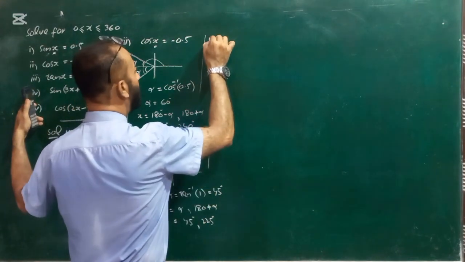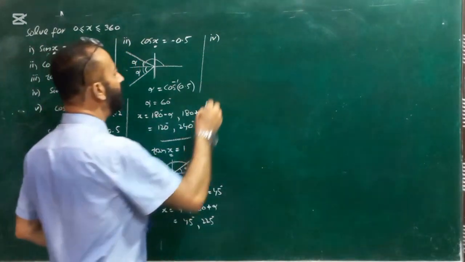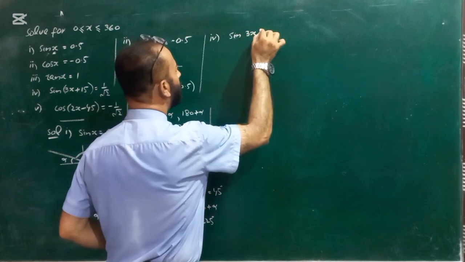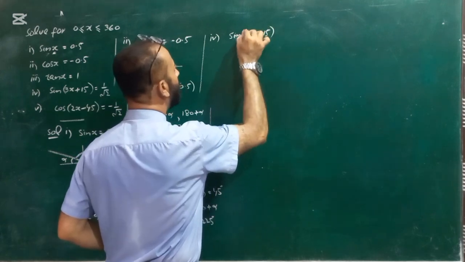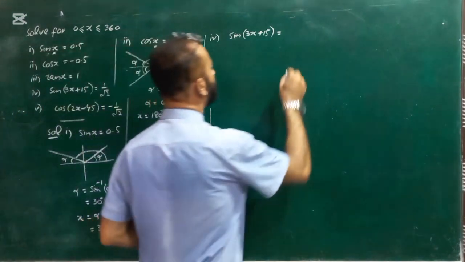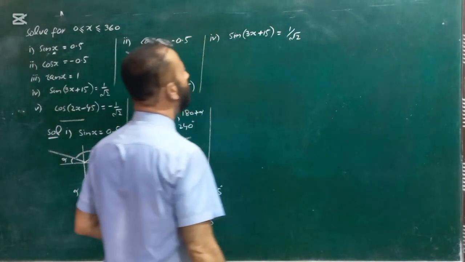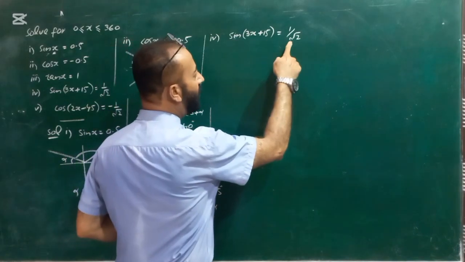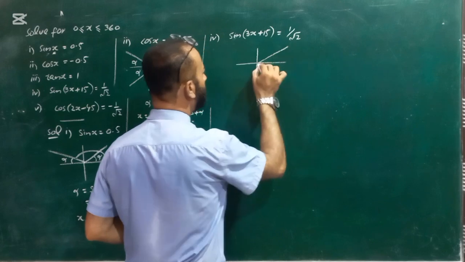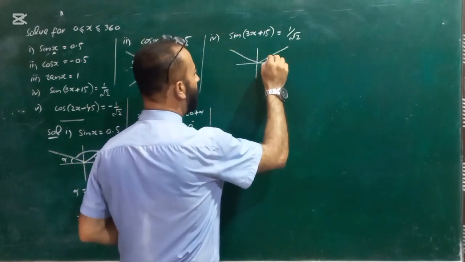These two parts are even more important. Sine of 3x plus 15 is equal to 1 by square root 2. So sine's value is positive. It means the first and second quadrants, in which sine will be positive.